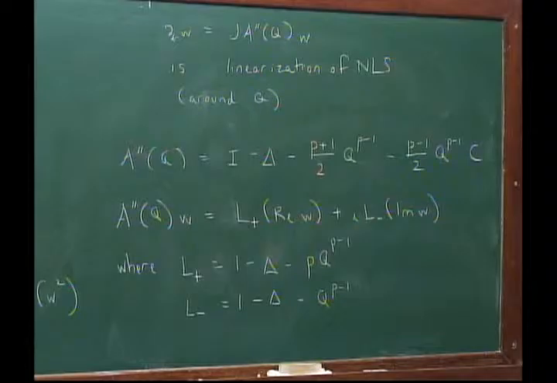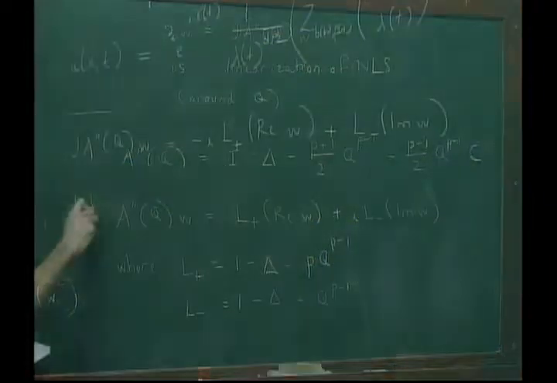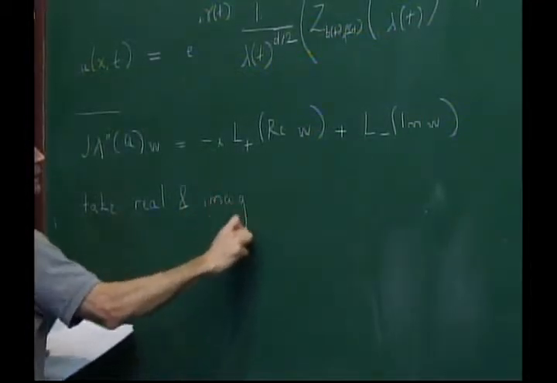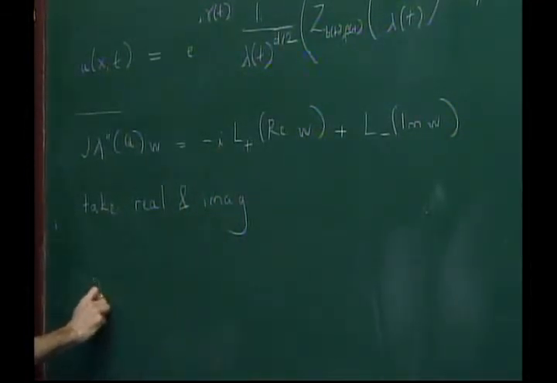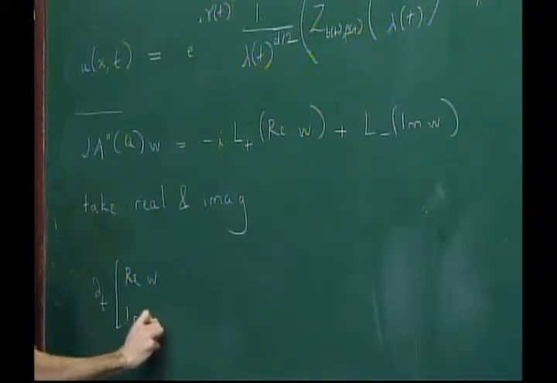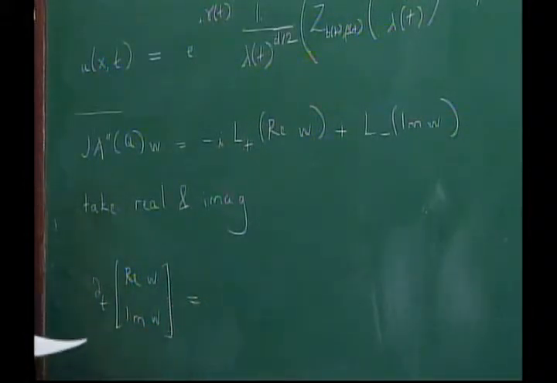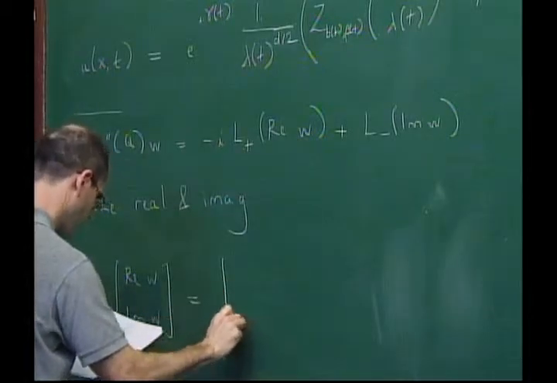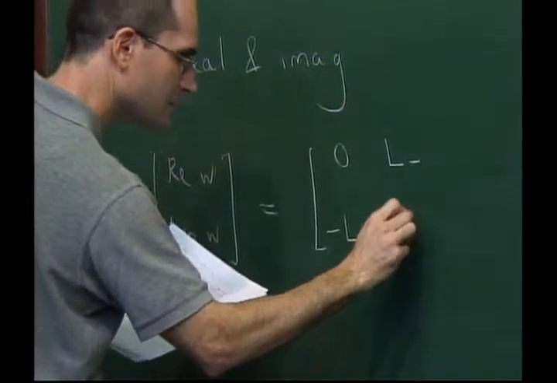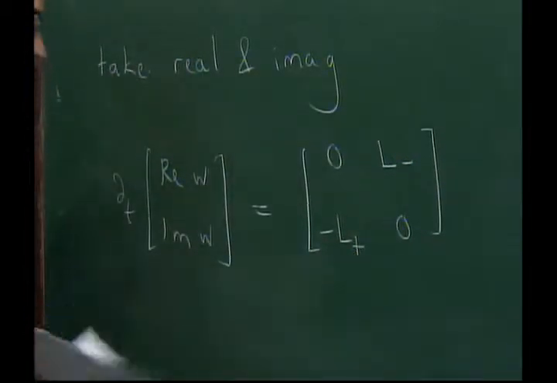And now if you pass to real, so take real and imaginary, then you would get dt of the real part, imaginary part, is equal to 0, L minus, minus L plus, 0, real and imaginary.